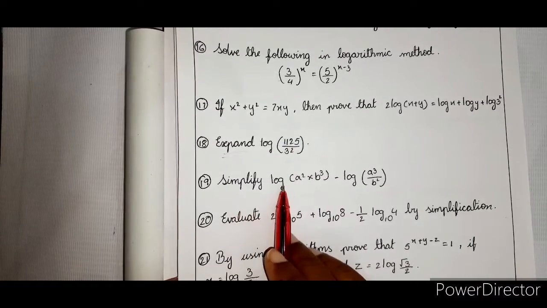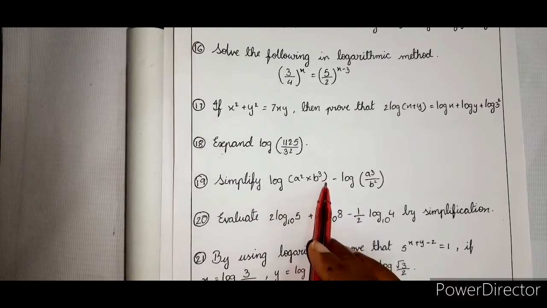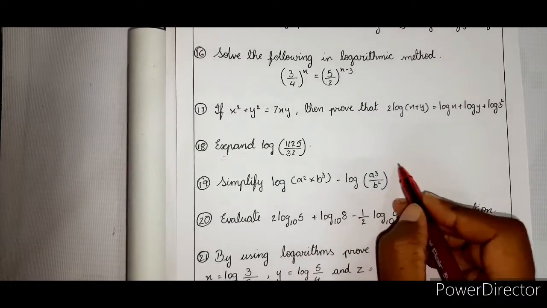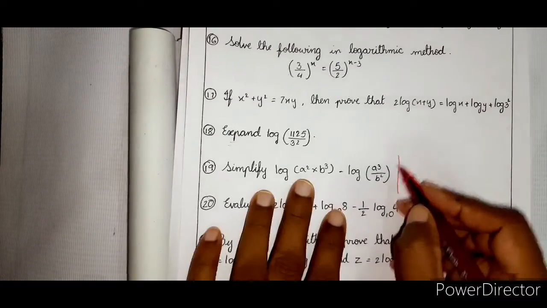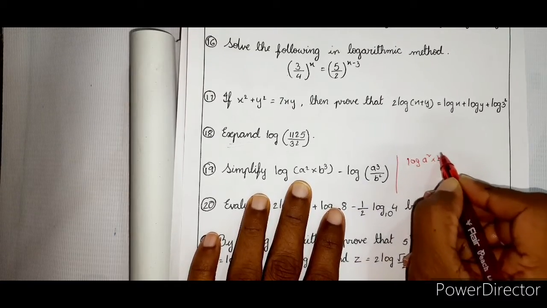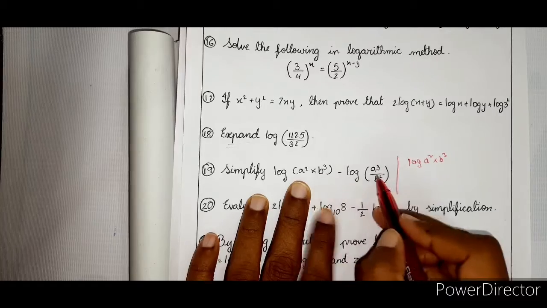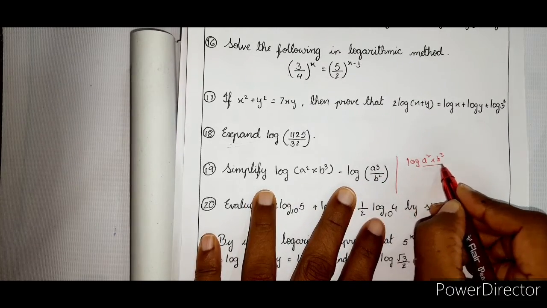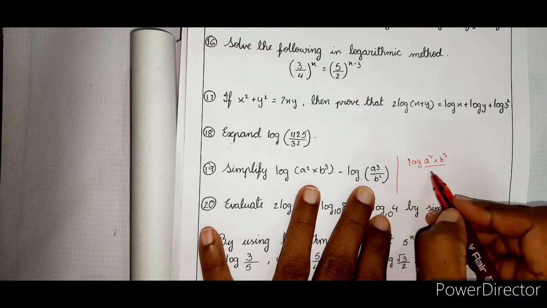Now simplify log of a square b cube minus log of a cube b square. So I think I can do it here itself, right? I will write it as log of a square b cube, log a minus log b is by this one, by a cube b square.